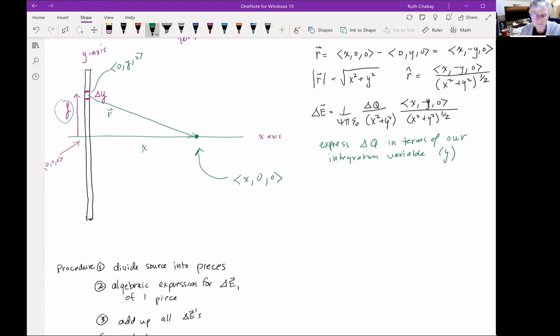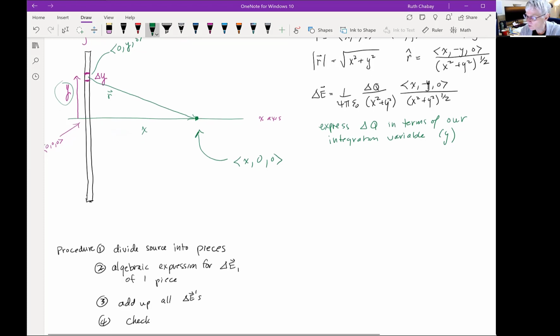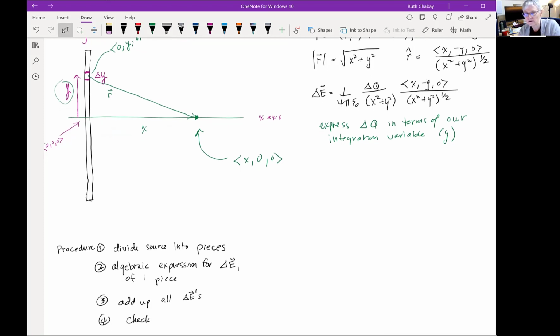And so remember that what we just did for the horizontally oriented rod, we can use this general approach. So the amount of charge on one piece is equal to the charge over the length of the rod, and this rod creatively has a length L, times the length of one piece, right? And so that length of one piece here is just delta y. So the charge per meter times the length of one piece in meters.